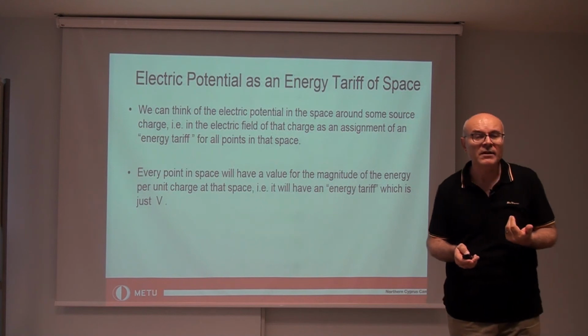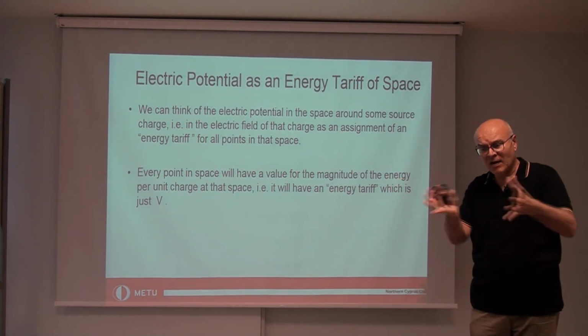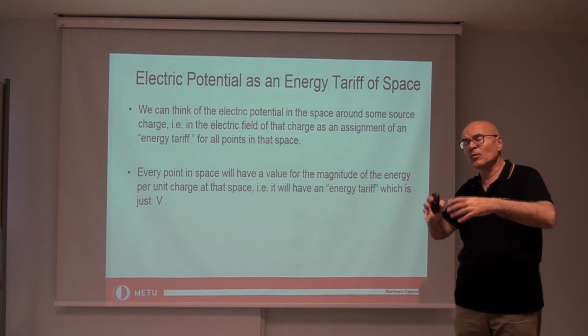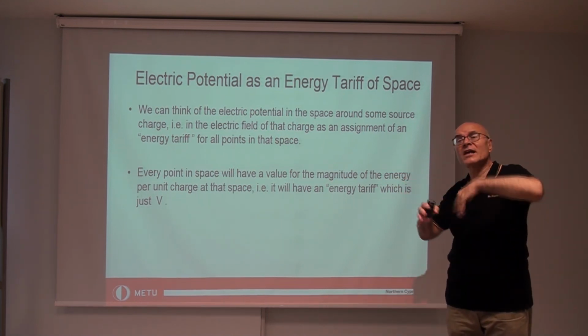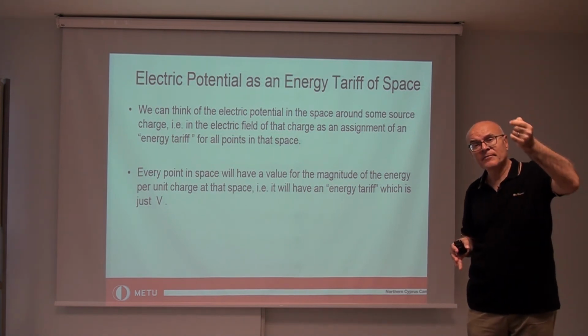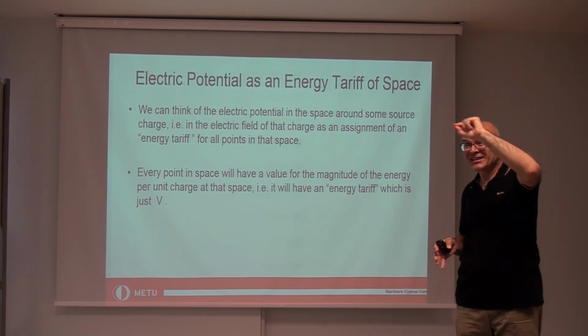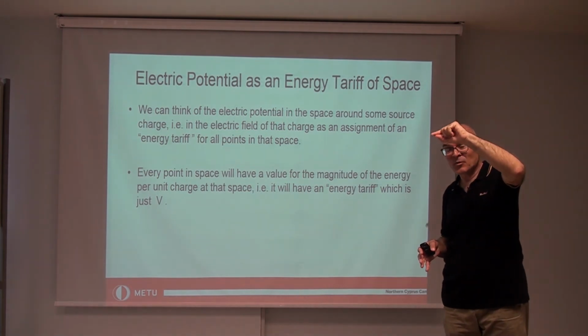This assignment of tariff, this tariff of energy per unit charge for all points in space, is the electric potential. The meaning of this is that each point in the space where I have an electric field will have a tariff telling you how many joules per coulomb of energy that point has.